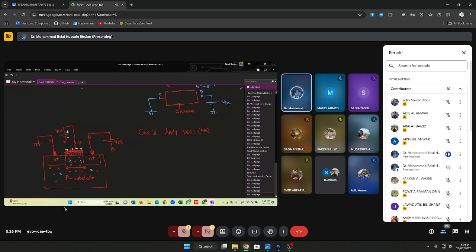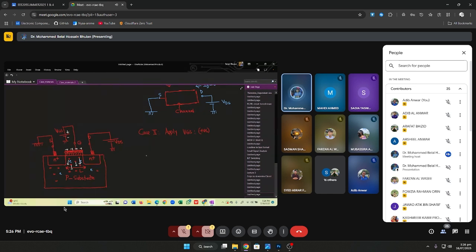Now this metal layer is going to push the holes in the downward direction, because it is positive and the holes are also positive.